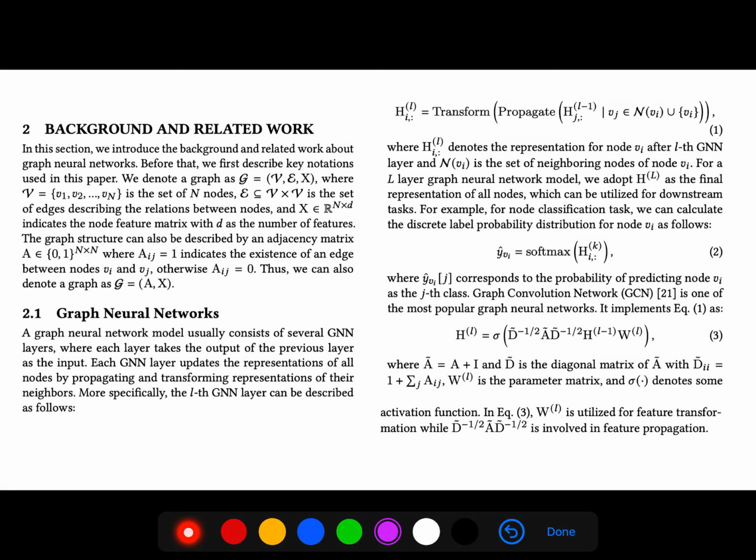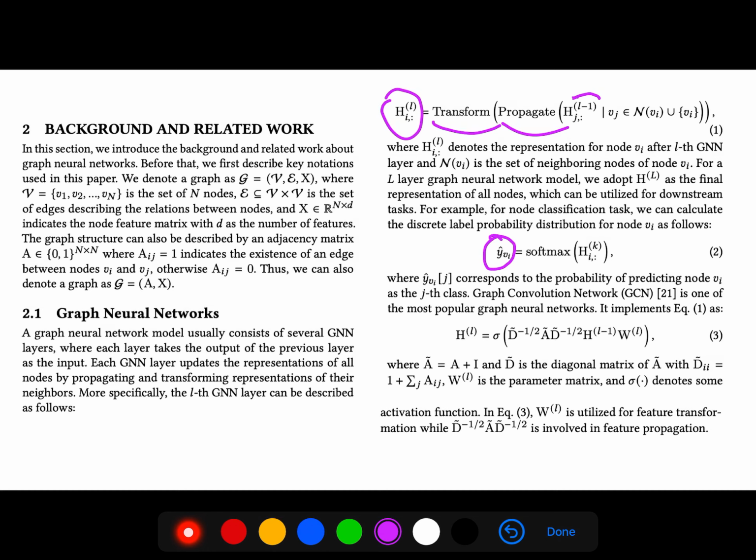In any graph neural network, the Lth layer is built upon the (L-1)th layer. And there are two important things, the aggregation and update. For example, here we call them propagation and transformation. And we can calculate the discrete label probability distribution of node v_i.